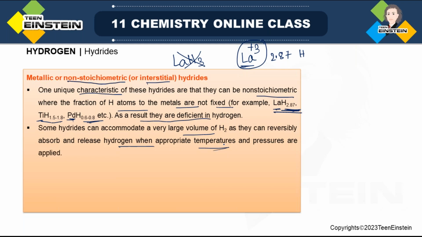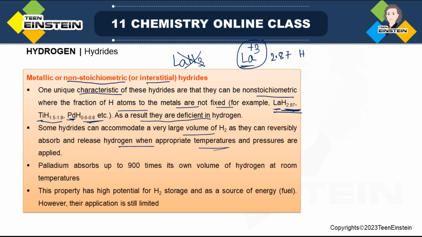And when we change the external conditions, these hydrogens can be released also. So as they can store, they can release. So they are a very good source of hydrogen.